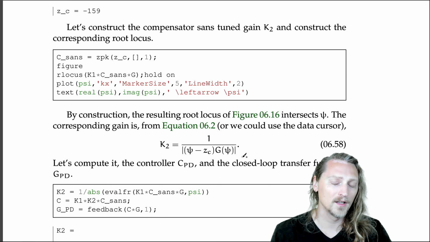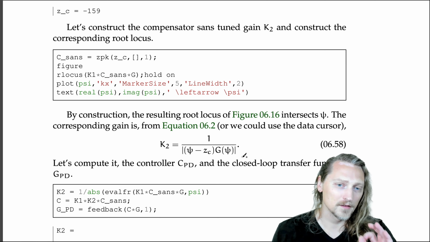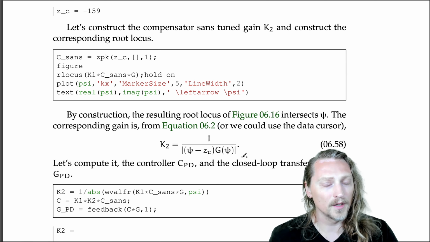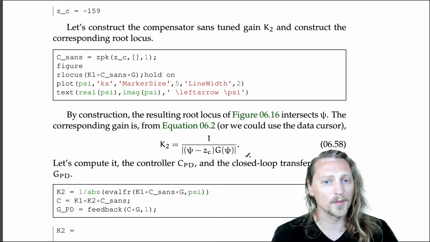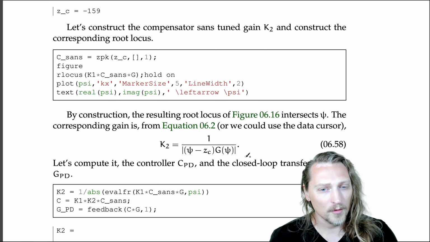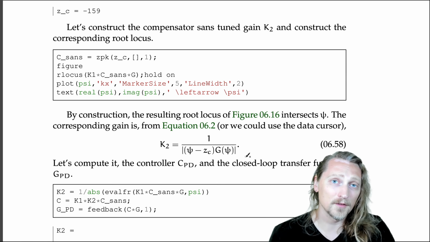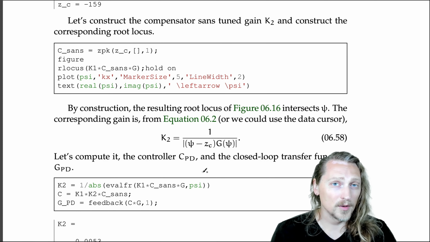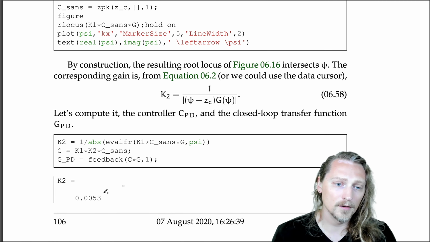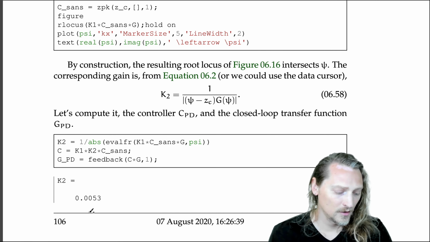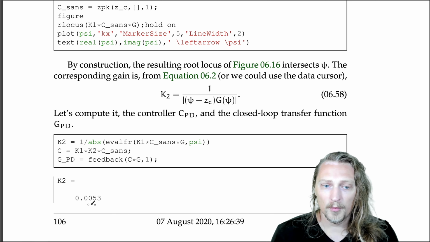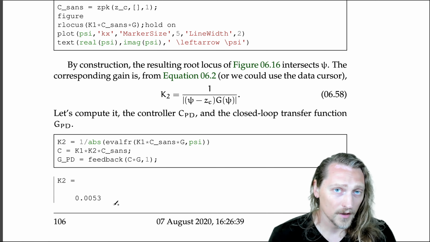If you know that your point is on the root locus, you want to find out what gain that corresponds to, you can use this formula to find it. It's a really nice formula. It means we don't actually have to use the data cursor, and we can compute what the gain should be to be right on that point. If you do so, you find out, just like what the data cursor appeared to show, the gain should be about 0.0053.